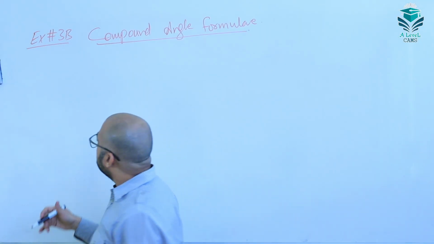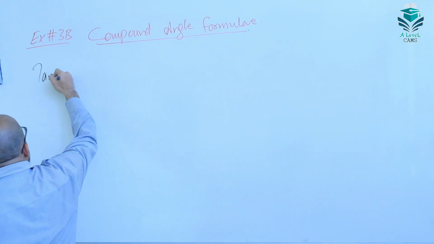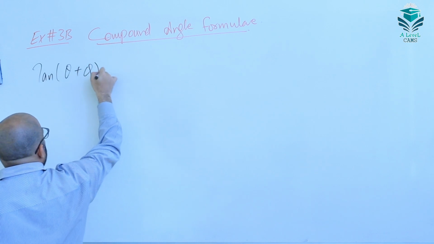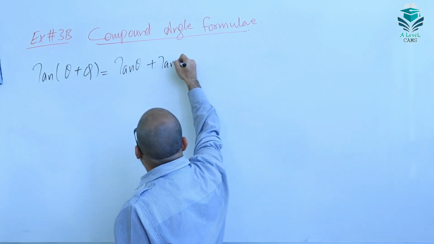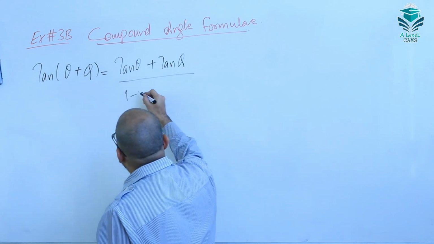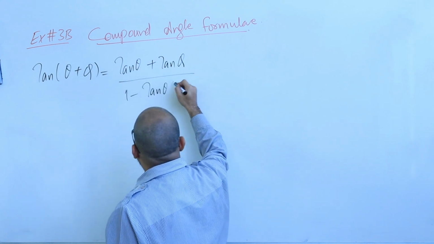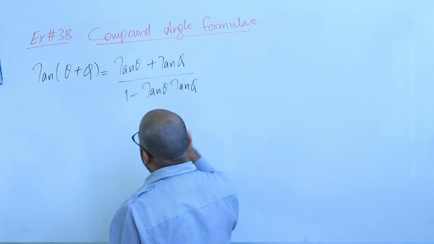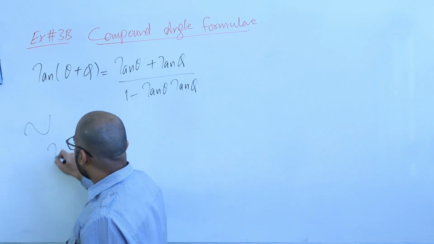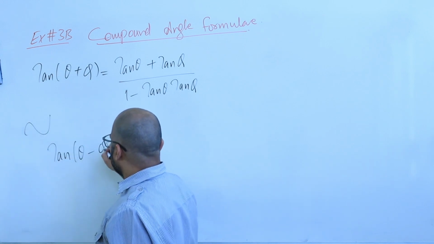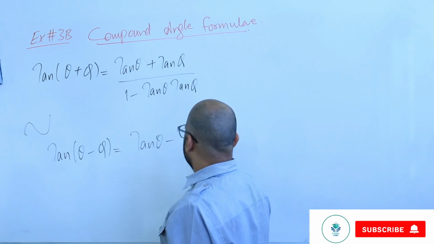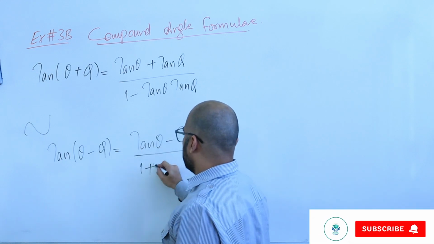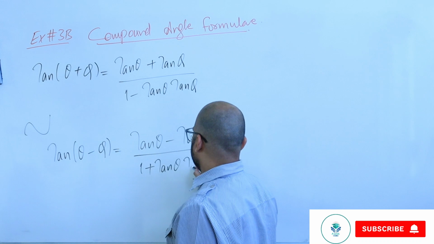And for the tangent compound angle, you can write, let's say, tangent of theta plus phi equals tangent theta plus tangent phi over 1 minus tangent theta tangent phi. And similarly for tan of theta minus phi, you can write tangent theta minus tangent phi over 1 plus tangent theta tangent phi.